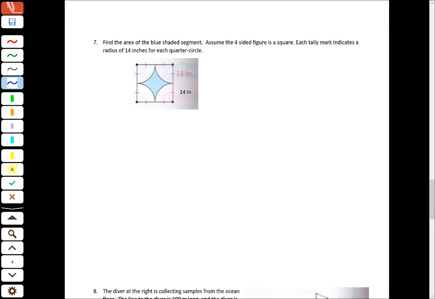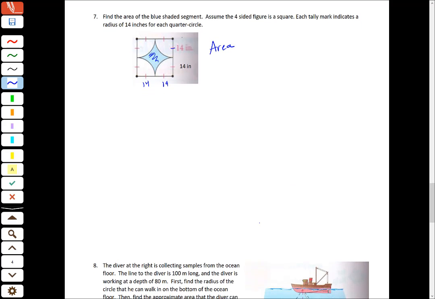Find the area of the blue shaded segment. Again, this is an area. This is 14 inches and 14 inches, so it's a square. So this is 14 and this is 14 inches also. And these are quarter circles there.